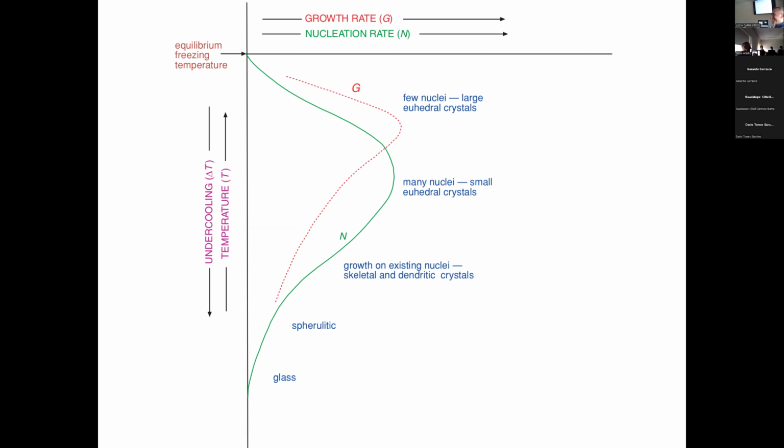Then I think we have finished. If you want, we can move to melts and do some other calculations.